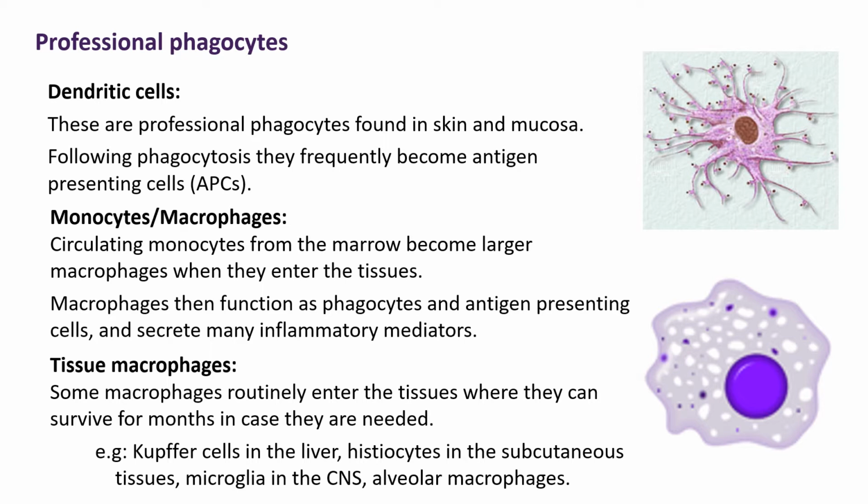Good examples of these are Kupffer cells in the liver, histiocytes, which are found in the subcutaneous tissues, and you'll remember microglia in the central nervous system, one of our glial cells. And also right at the end we'll talk about alveolar macrophages.